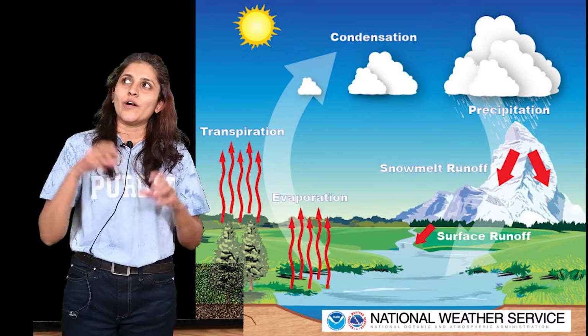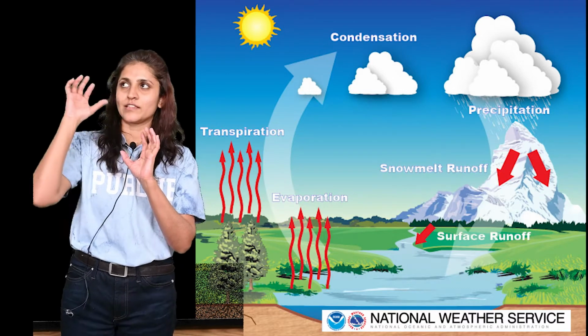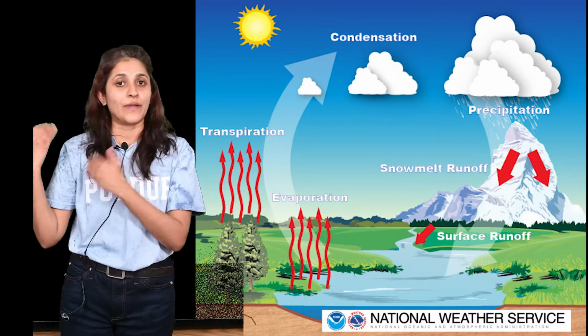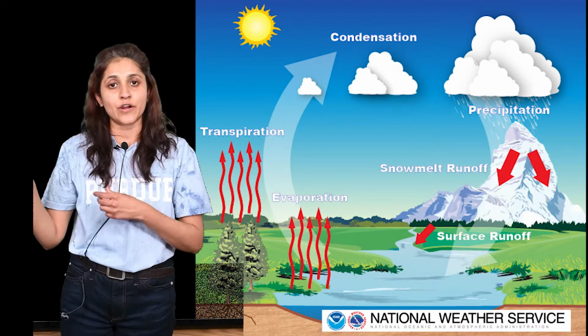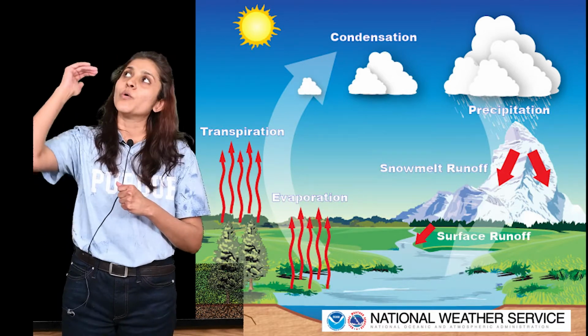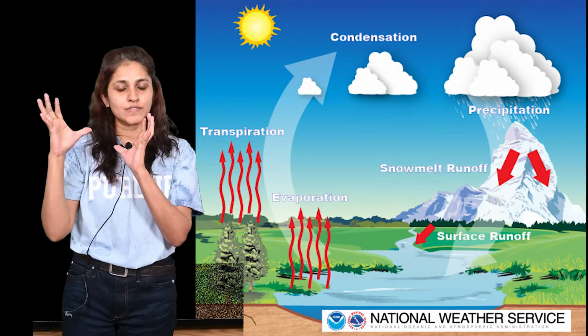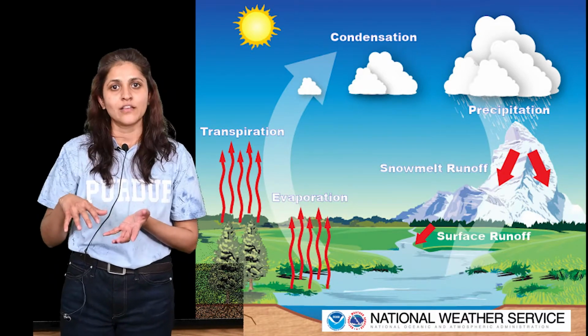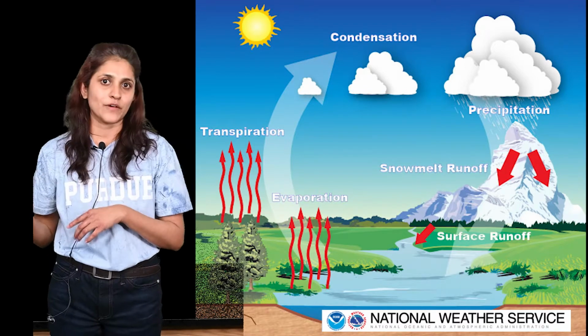When the clouds get that heavy and dark, then comes the rain, which is the other part of the water cycle. The water that's stored in the clouds usually comes down to the surface of the earth in the form of rain, or it can also come in the form of snow.